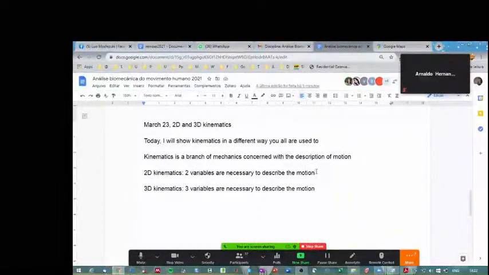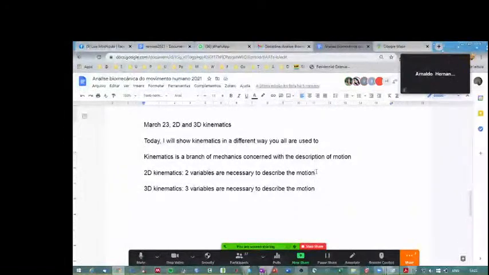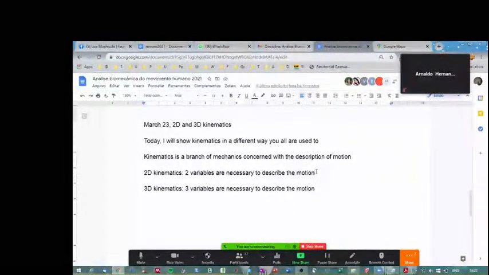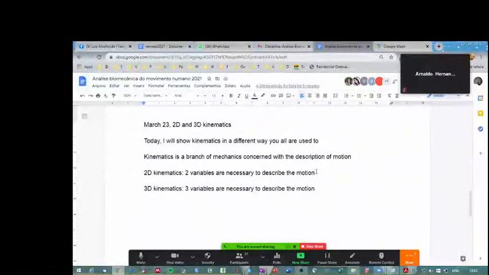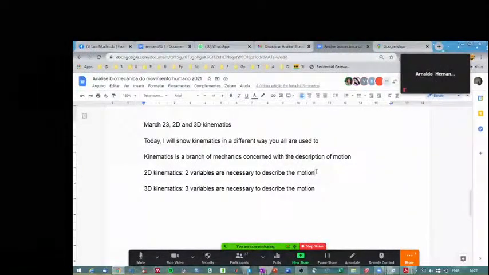A dot here, so x and y. These are the coordinates, x and y.